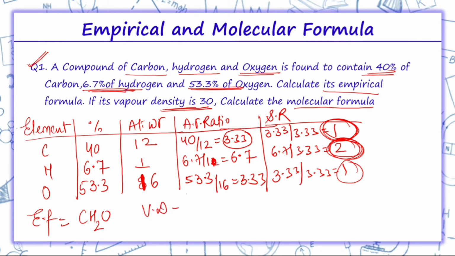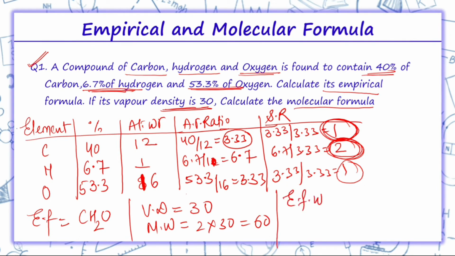Now vapor density was given in the question, that is 30. So molecular weight is equal to 2 into 30, that is 60. Now we will calculate the empirical formula weight. Carbon 12 plus 1 into 2 plus 16, so this is equal to 30.